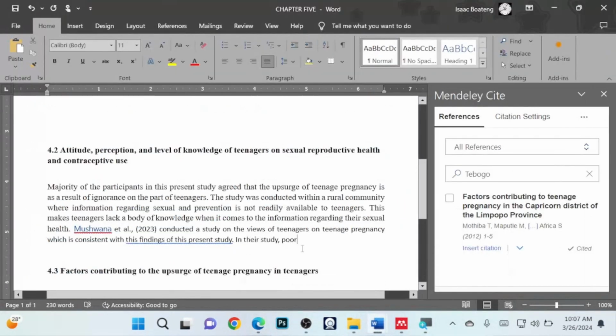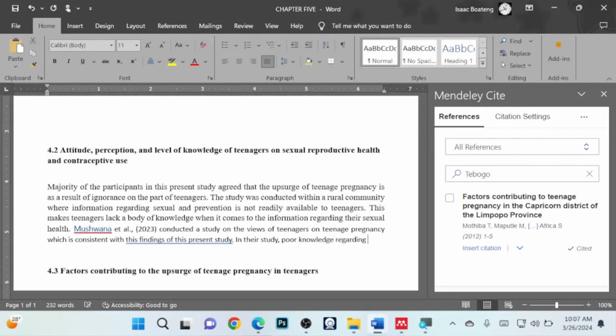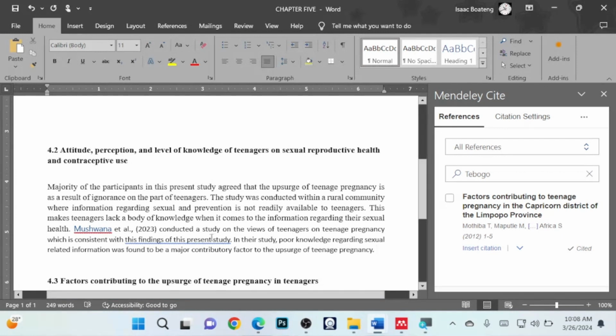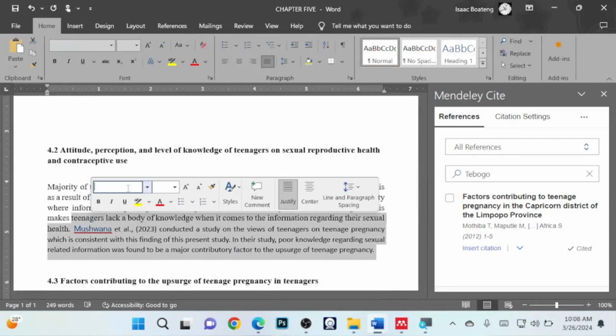So in their study, poor knowledge regarding sexual related information was found to be a major contributory factor to the upsurge of teenage pregnancy. Notice that I didn't write exactly how they placed it because of plagiarism. I need to put it in my own words and also make sure that it flows with my study.